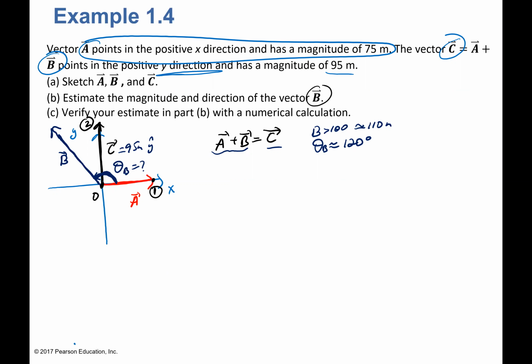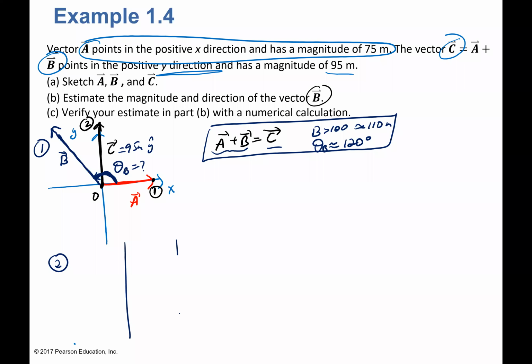Okay, so these are my graphical estimations, and I'm going to do the component method calculation to verify that. So step 2 would be the table. Make this here. These are my vectors, x component and y component.